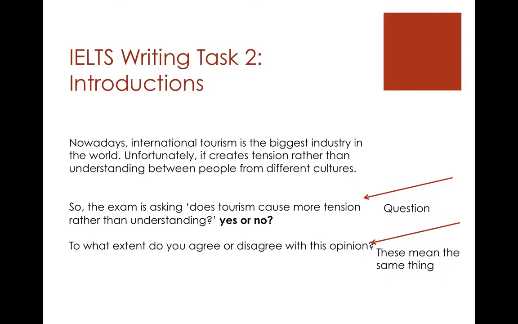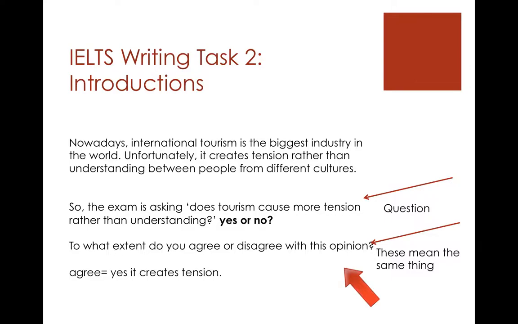So the exam is asking, does tourism cause more tension rather than understanding? Yes or no? Yes, tourism causes tension, or no, tourism does not cause tension. And this, to what extent do you agree or disagree with this opinion, means just that. You're putting together this idea with international tourism creates tension, together with yes it does or no it doesn't. And that's all.